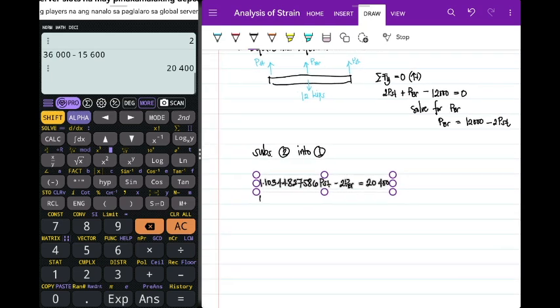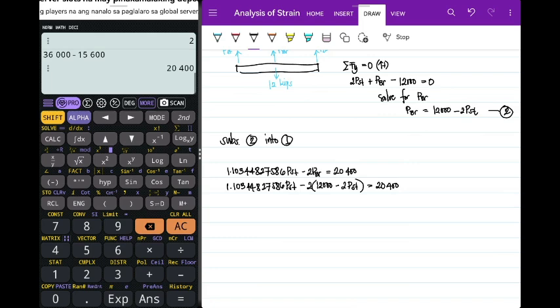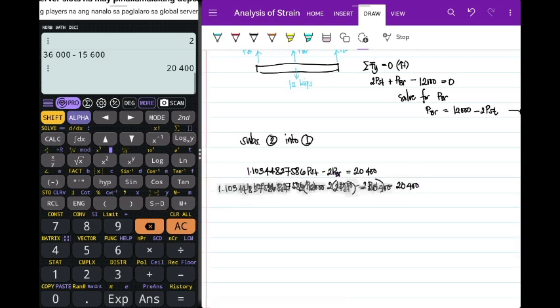Now we can substitute the value of our P sub BR, which is 12,000 minus 2 P sub ST. So again, let me just transfer that.